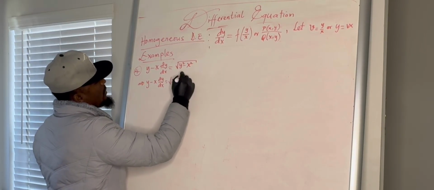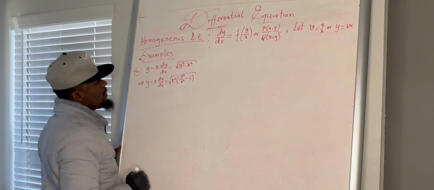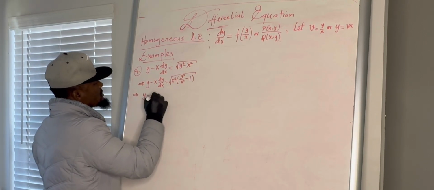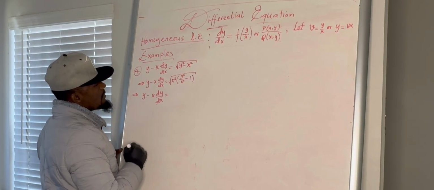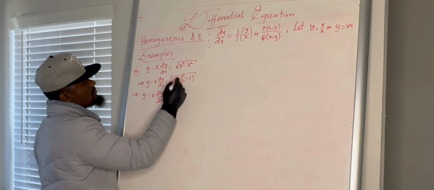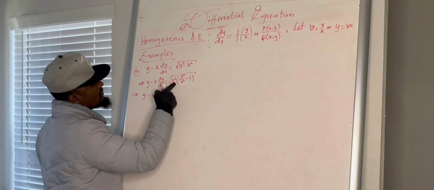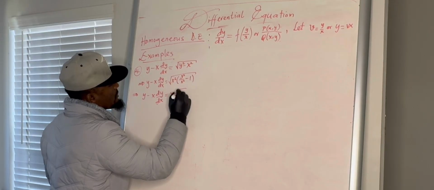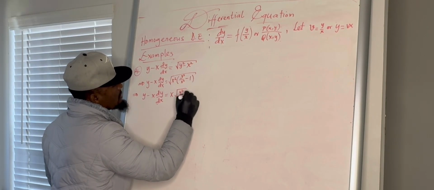So I'll have y squared divided by x squared minus 1, all that square root. And this implies that y minus x dy by dx is equal to, now I can separate this as the square root of x squared times the square root of y squared over x squared minus 1. In that case, the square root of x squared will give me x times the square root of y squared divided by x squared minus 1.